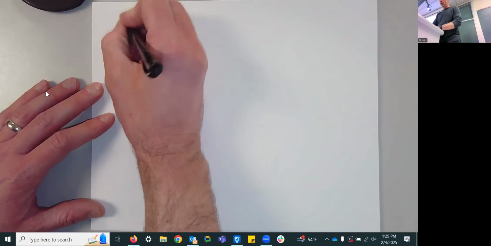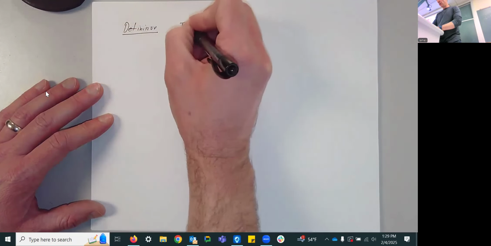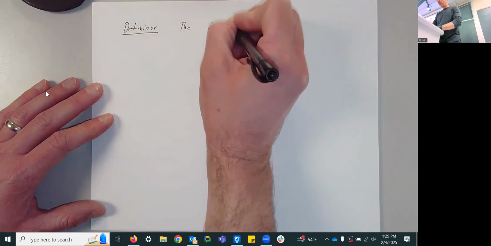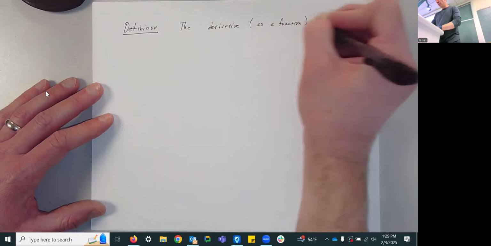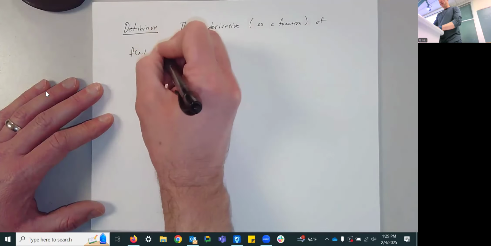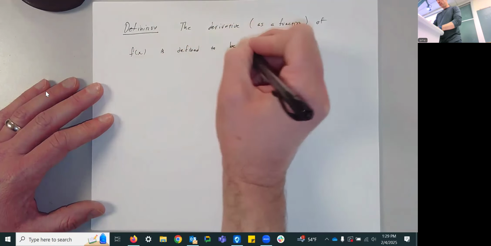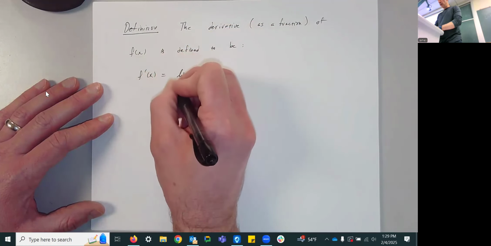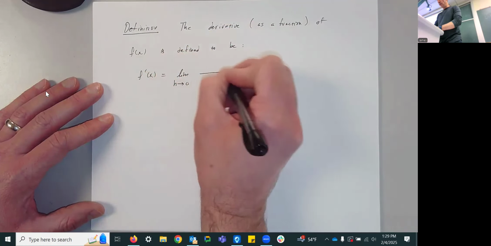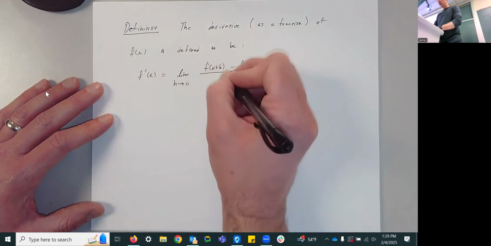So for example here, definition: the derivative as a function of f of x is defined to be f prime of x equal to the limit as h approaches 0 of the difference quotient f of x plus h minus f of x all divided by h.